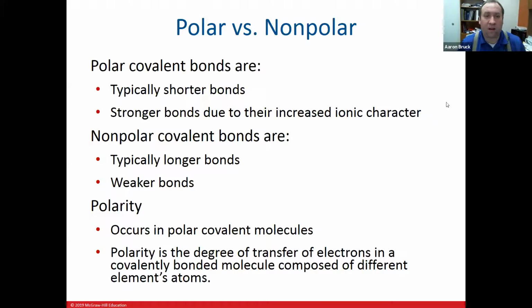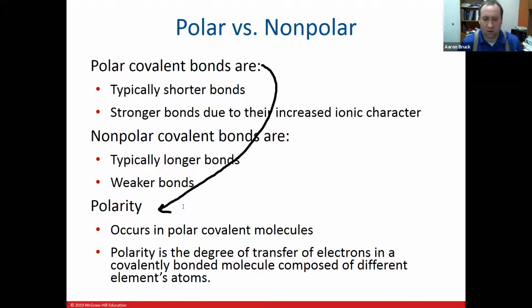When we start to apply the concept of polar bonds to molecules, what we get is polarity in the molecular sense, where the whole molecule has partial negative and partial positive charge.